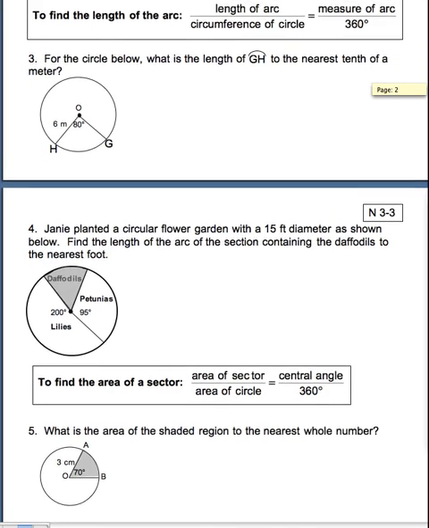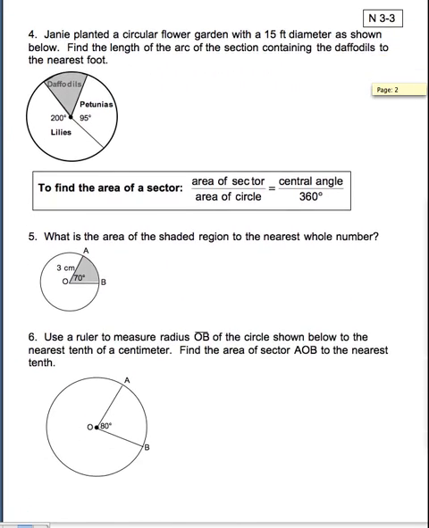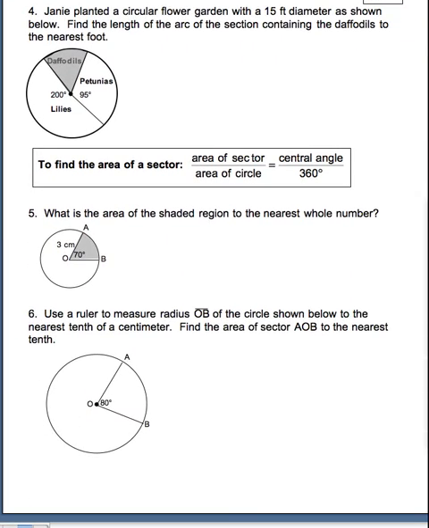Go down all the way. Okay. Janie planted a circular flower garden with a 15-foot diameter. So now we know the diameter of this circle as shown below. Find the length of the arc of the section containing the daffodils.